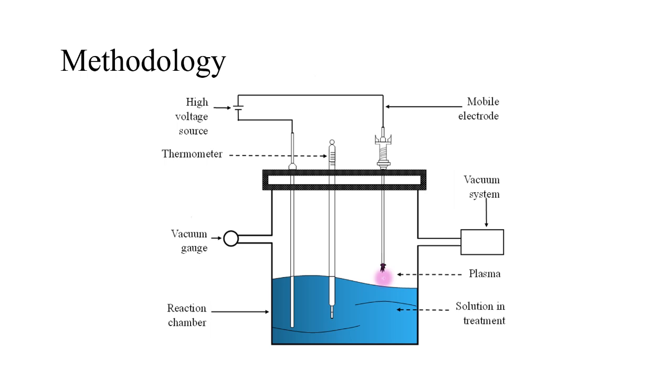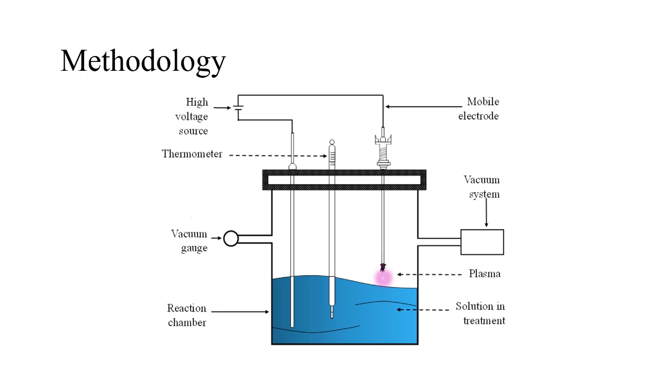The solution to be treated is exposed to air plasma by depositing 250 milliliters in the glass chamber, which is hermetically closed to establish the experimental working pressure inside. One fixed electrode is immersed in the solution, and the other, mobile, is placed between 2 and 5 millimeters from the surface. Given the mobility characteristic, plasma generation takes place at the second electrode.